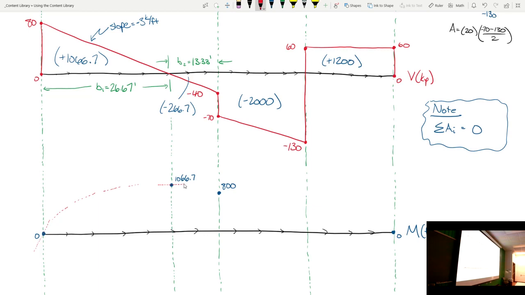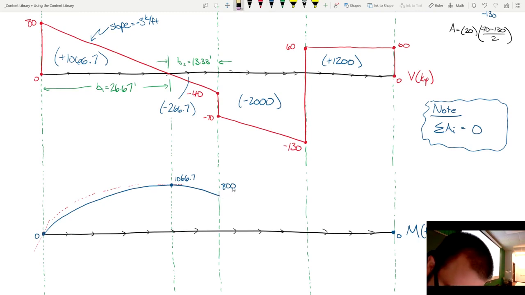So what does the moment diagram look like? It looks like that. And in fact, that parabola continues like that. I've kind of got that drawn poorly. Let me see if I can do that better. I'm going to erase this and redraw that point. I like that better.